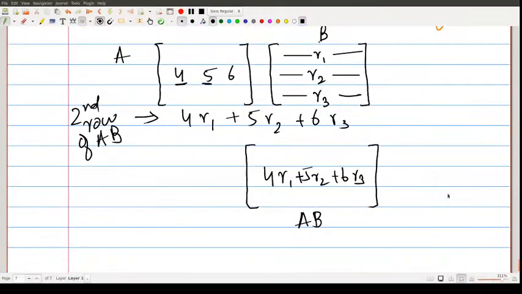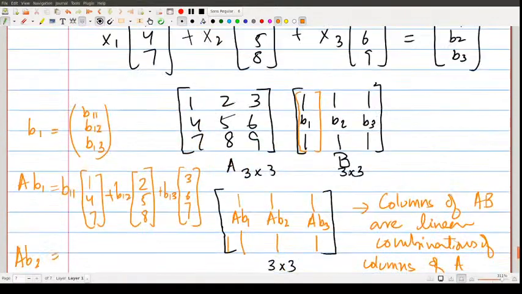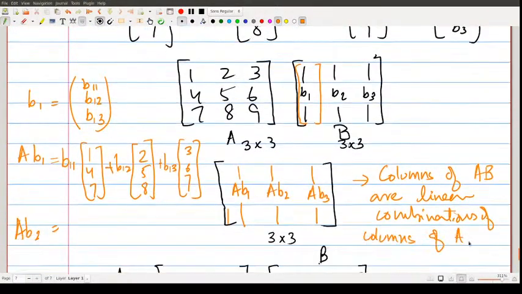So what this is telling us is something different. It's telling us that the rows of A times B are linear combinations of the rows of B. So there are two different ways of looking at matrix multiplication.